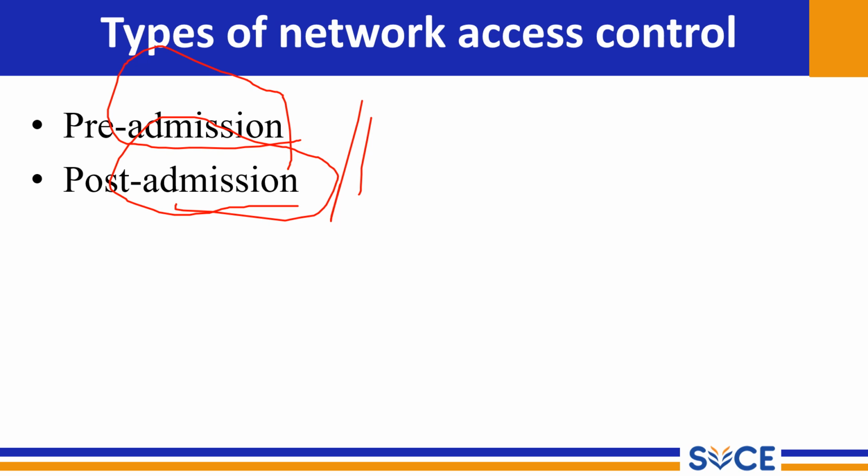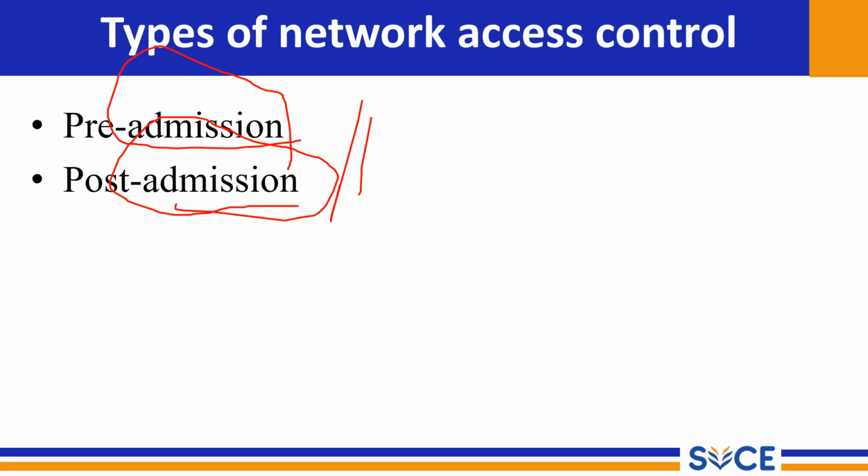And other than these, what kind of function does pre-admission have? It evaluates the access attempt, ensuring the user or device is authorized and compliant with the organization's security policies before granting entry.